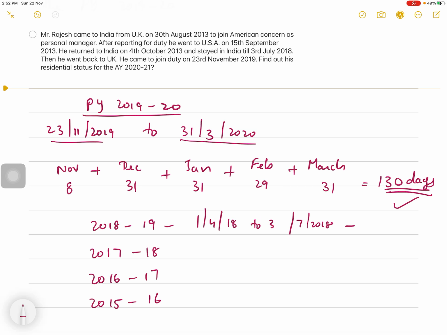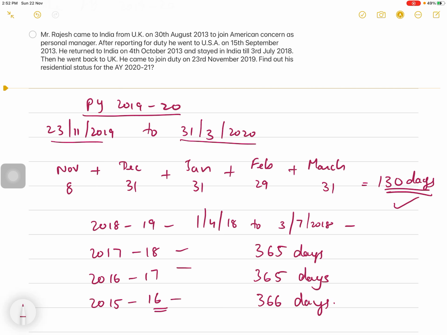For 2015-16, 16-17 and 17-18, all the days he was there in India, because he returned to India on 4th October 2013, and from then he was there in India till 3rd July. So all these years he was there. That means 365 days. 365 days. And 2016 again is a leap year, so 366 days.